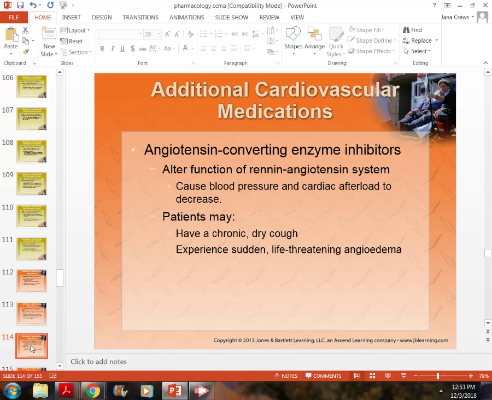Once again, like I said, sometimes they have a chronic dry hacky cough. Rarely do they experience sudden life-threatening angioedema. But if a patient is having that dry, hacky cough, and it continues after the first week or two of use of some of these medications, they will go ahead and treat them because prolonged use could cause that angioedema. And we definitely don't want them having swelling around the heart.